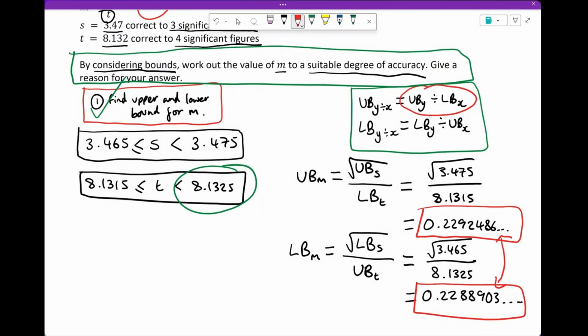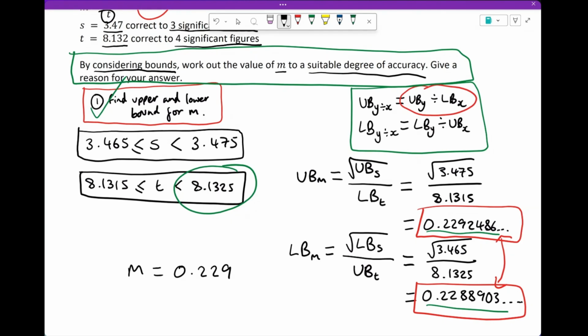If we have a look at our two numbers, hopefully you'll notice that they both round to 0.229. So therefore, this would be a sensible value to pick for M if we're picking M to a suitable degree of accuracy. So I would say that M is equal to 0.229.